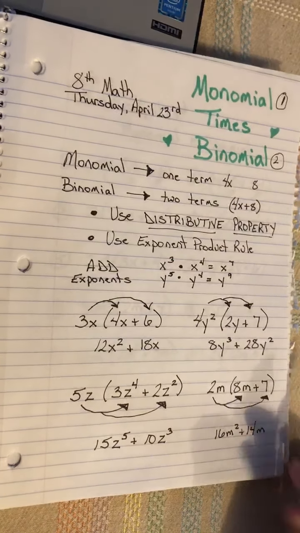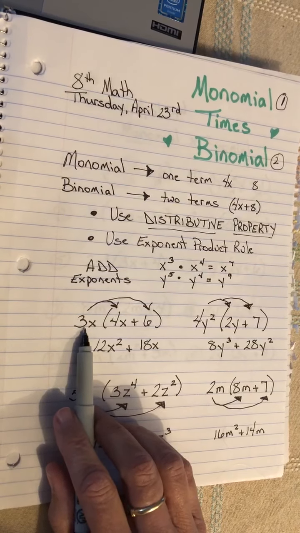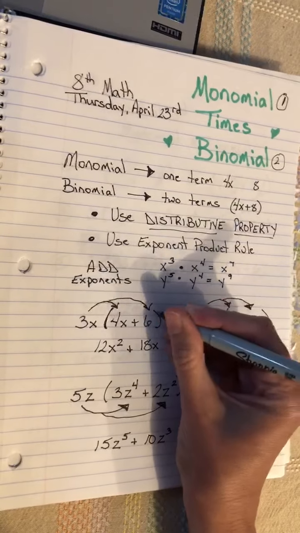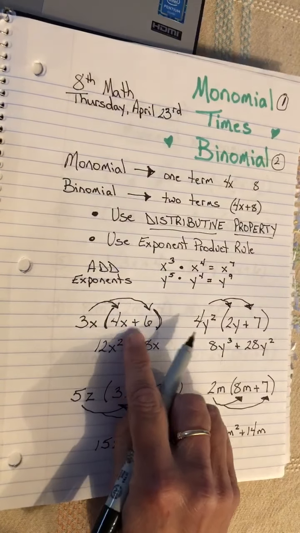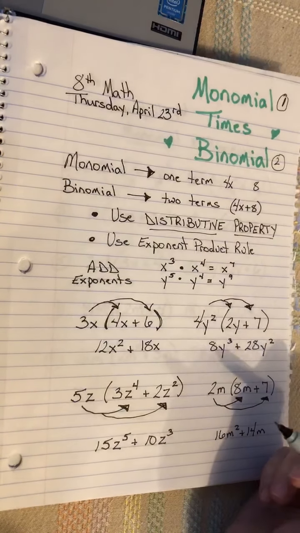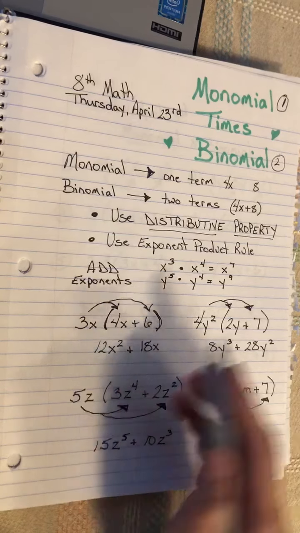Let's take a look at this first one. Here's a monomial, 3x, and our binomial is 4x plus 6. So I drew in the arrows for distributive property. So 3x times 4x.